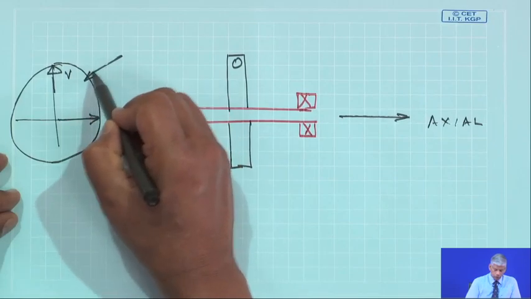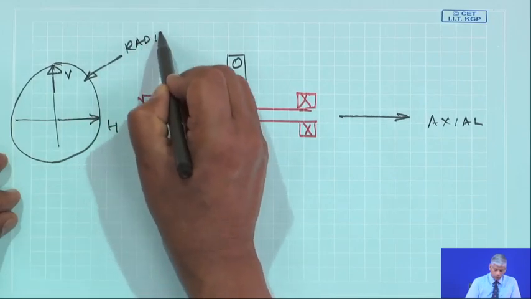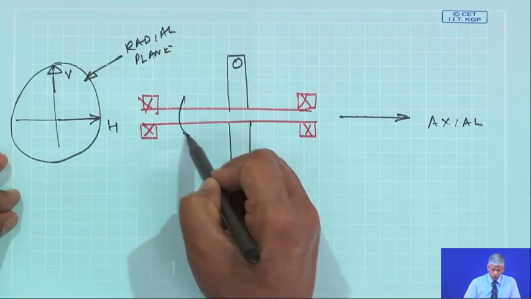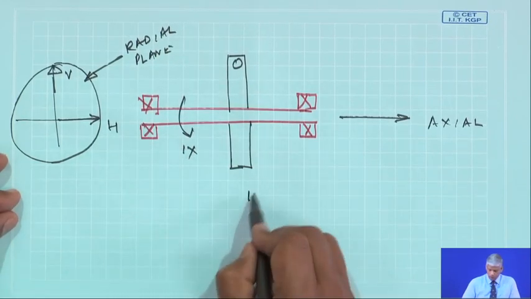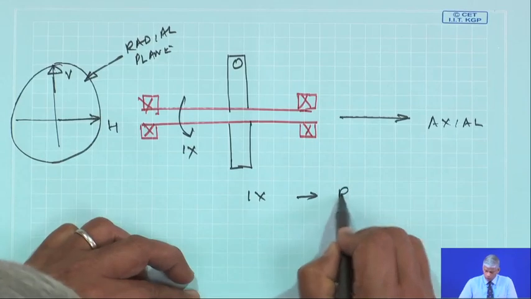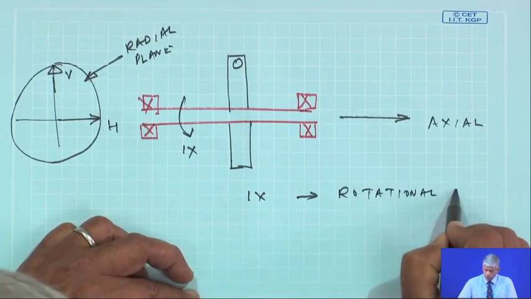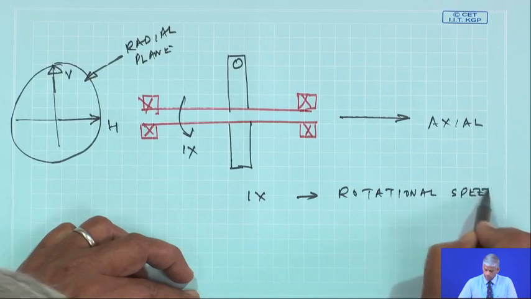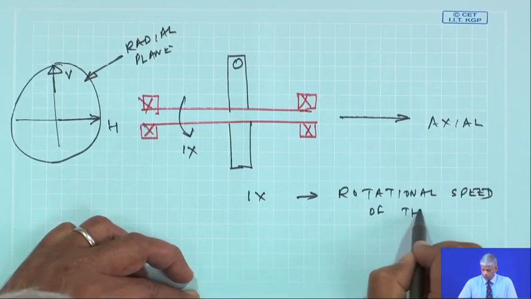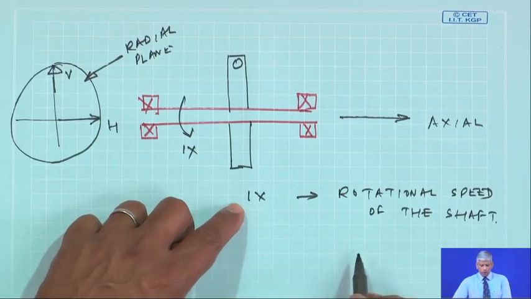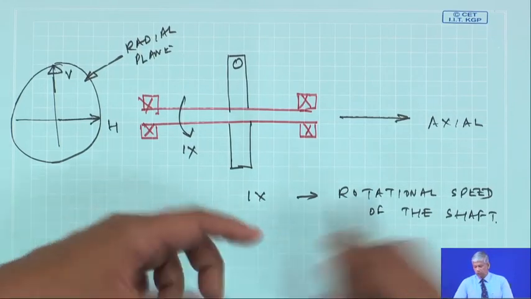So, this is the radial plane and things are rotating at 1x. By 1x I mean the rotational speed of the shaft. So, when it is 2x, it means 2 times, 3x, 3 times and so on.